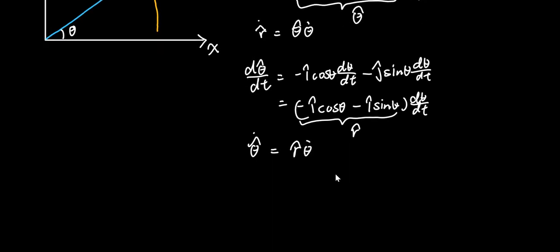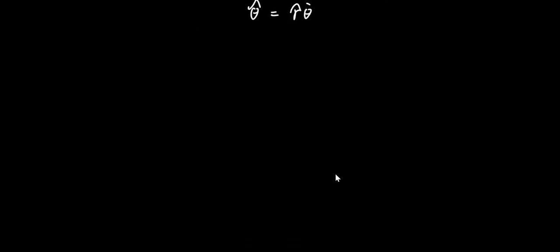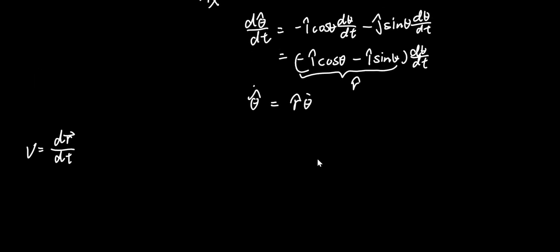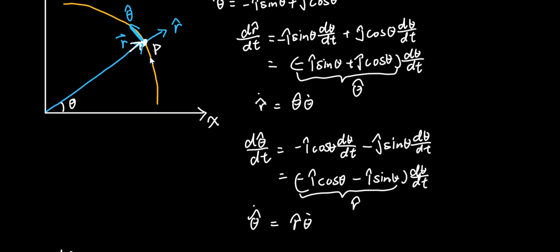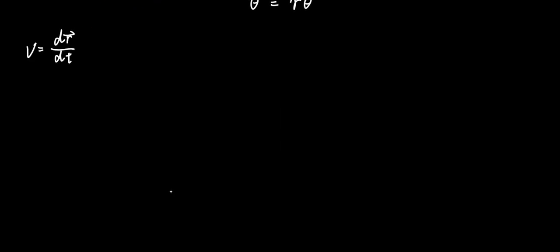Now, after deducing the derivative of r hat and theta hat, we can start to deduce the velocity v. So velocity v can be written as the derivative of vector r with respect to time. Vector r is just the position vector of point P, and it can be written as r times the unit vector r hat.